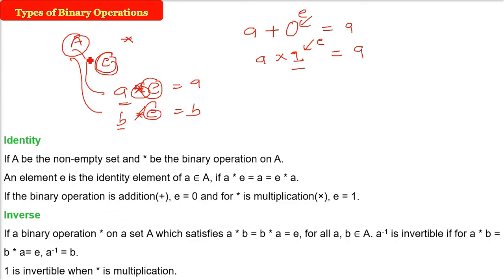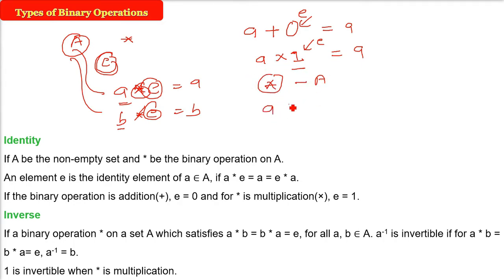Coming to inverse. Now, when we have inverse, we need to have identity. When we take two values, remember we are taking the values from a single set, and the result also has to go to the same set. That is the binary operation prerequisite.